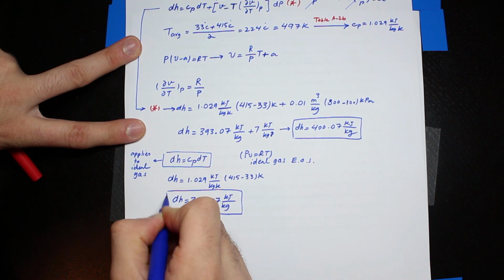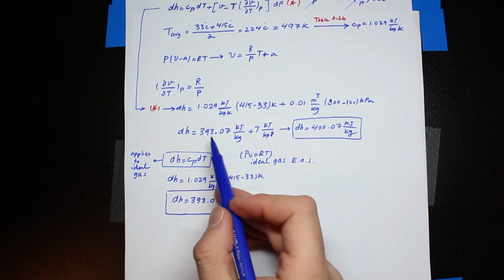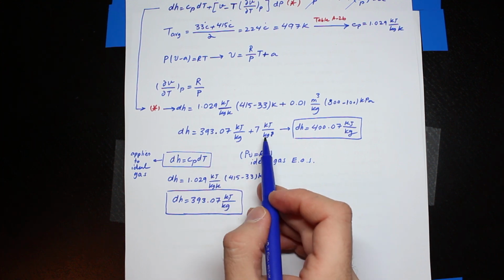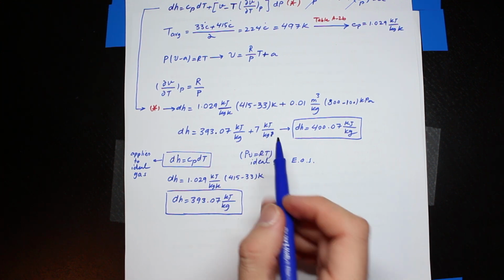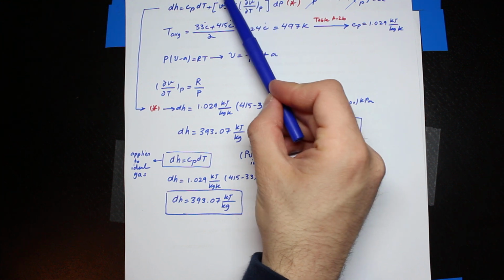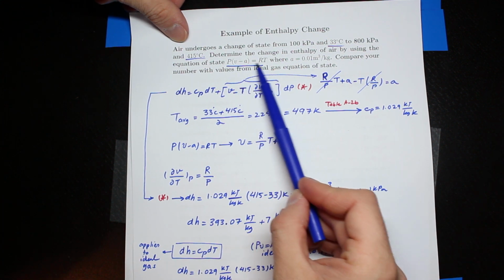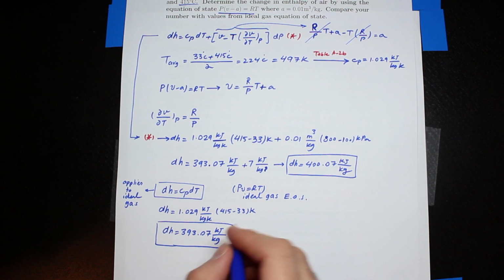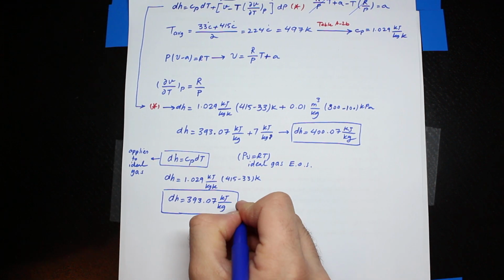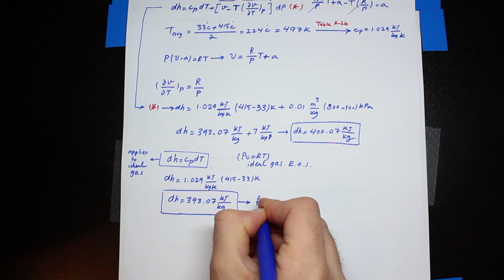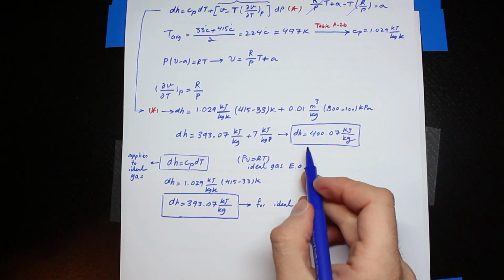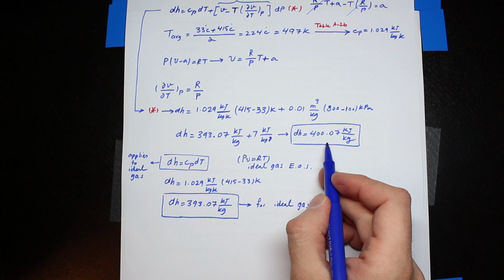Basically, the very first term that we already had here is change of enthalpy for the ideal gas. This is something special that comes from this equation of state. Okay, so at the end of the day, this delta H is for ideal gas, and this delta H is what we have for this particular gas.